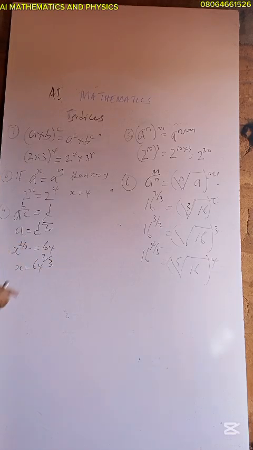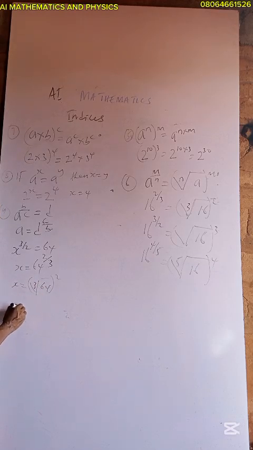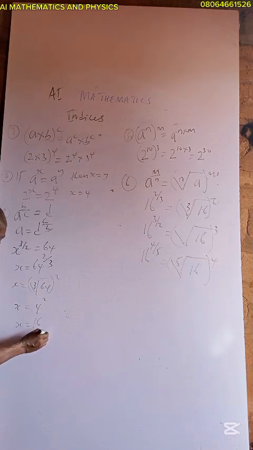And what does that mean? You find the cube root of this 64. So the cube root of 64 is 4. That's X now equal to 4 raised power 2. X will be equal to 16.